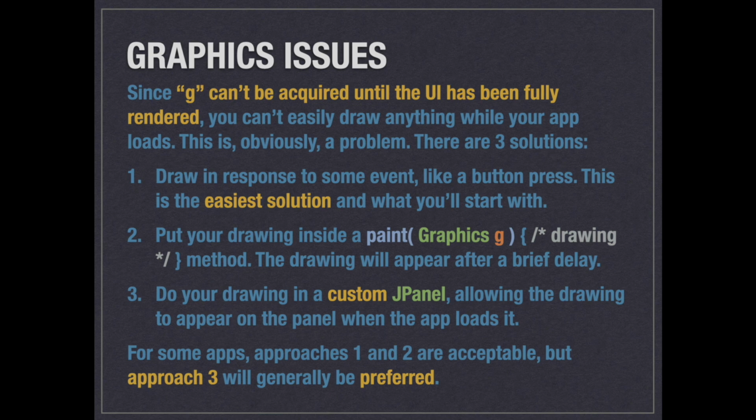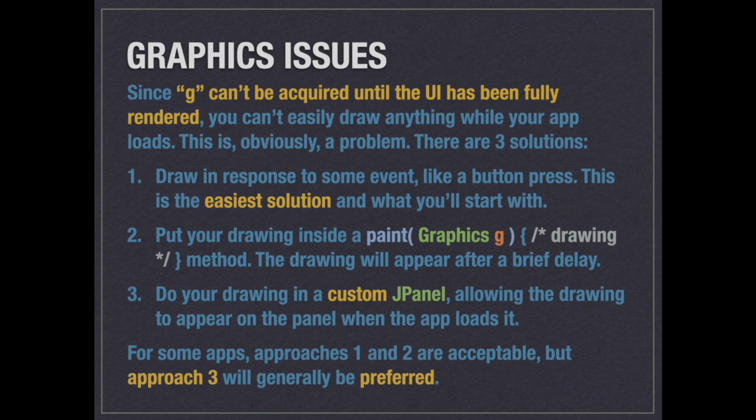That's obviously an issue if you've designed something using these draw statements we're going to talk about, like a company logo or something for your app or whatever, and you want that to be displayed when your app starts. You can't do it using the simplest of approaches you might think, because you can't get access to g when the app starts. If you try to, g will be null, and then if you try to draw using a null object, you'll get a null pointer exception.